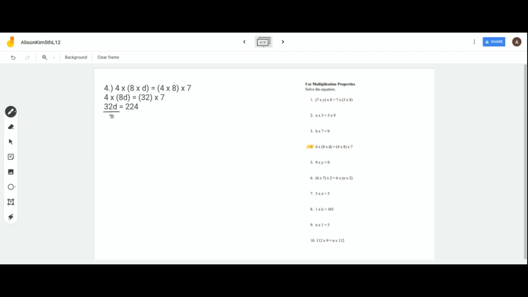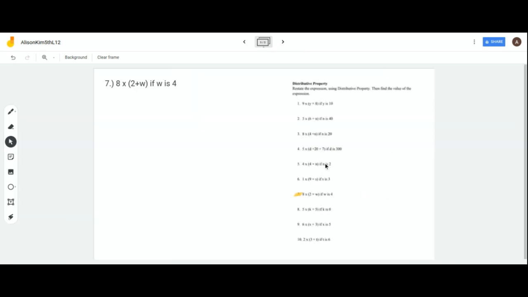Divide by 32, because we want to get d by itself, right? And then 32 crosses out, 32 crosses out. And we get d equals 224 divided by 32, 7. And that's your answer. D equals 7.